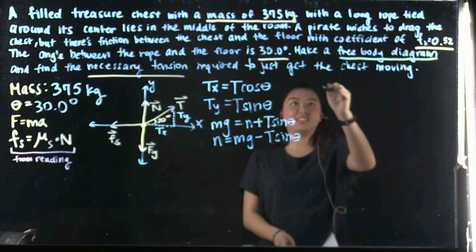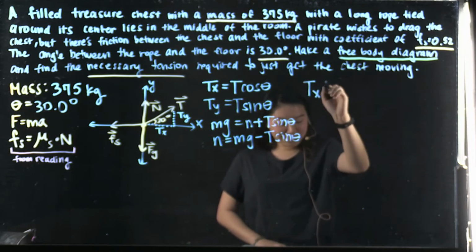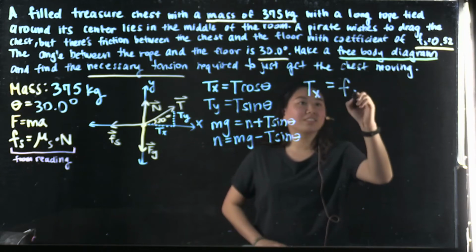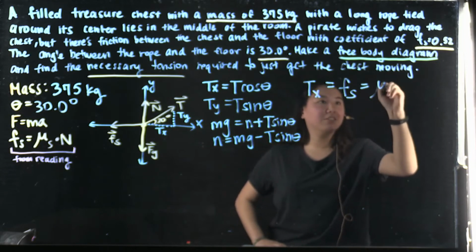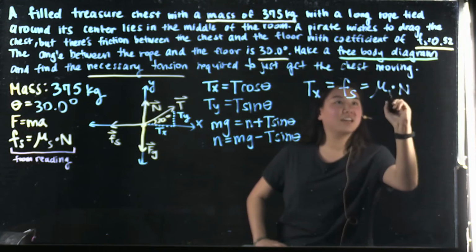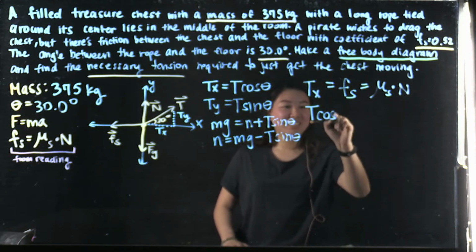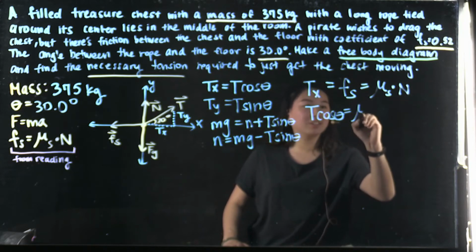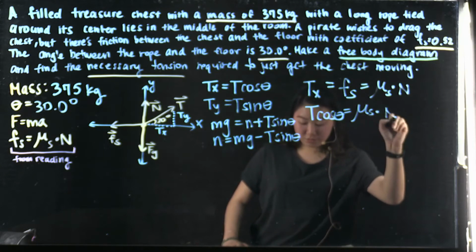And since the x component equals the static friction, which is the coefficient times the normal force, we know that the x component equals the coefficient times the normal force.